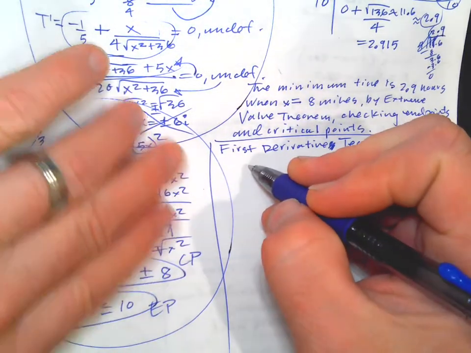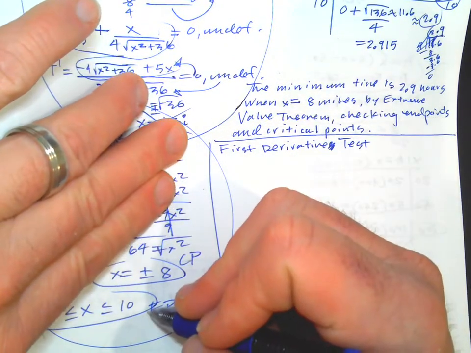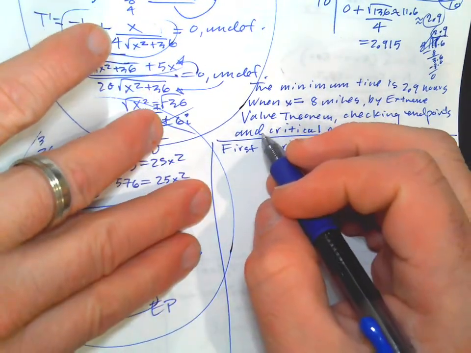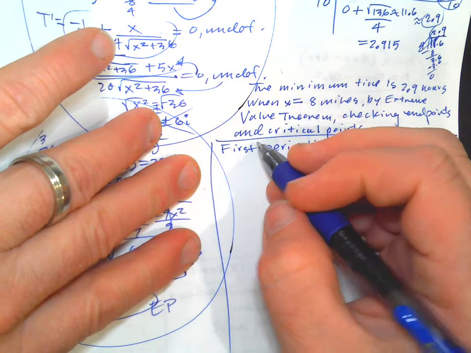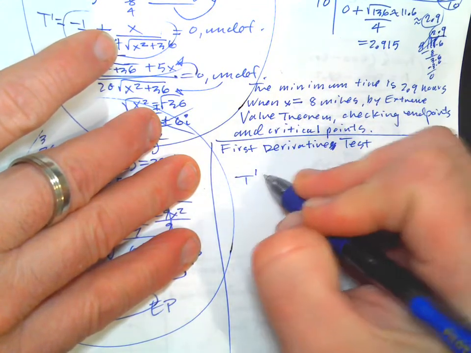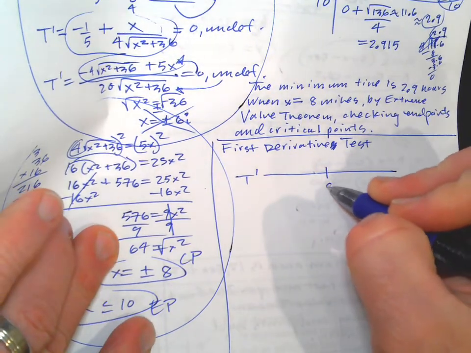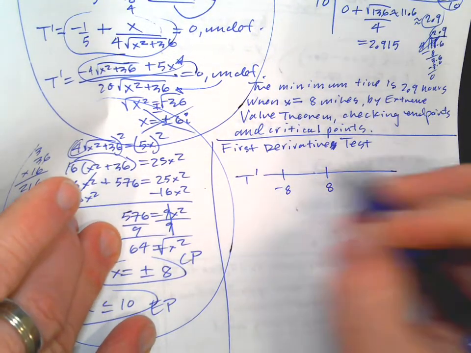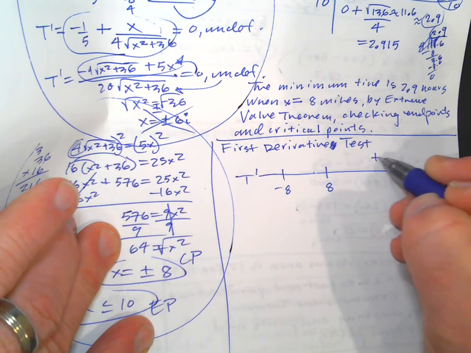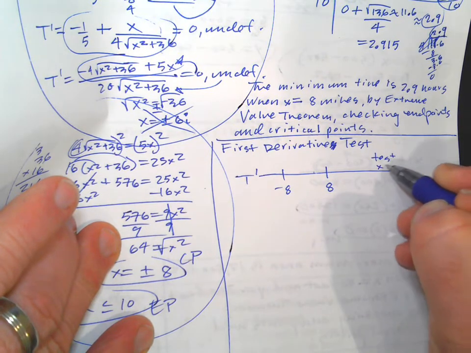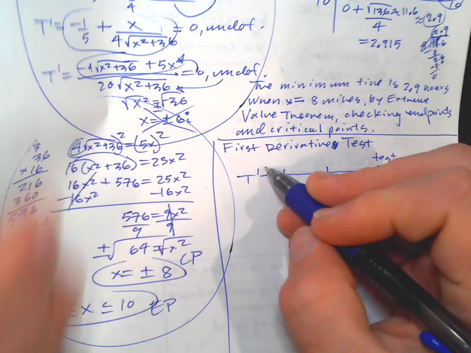You could do a line check. You don't necessarily need endpoints, and that's where this could be helpful. Sometimes we don't have endpoints. You would do a line check, and you would put your critical points on there. Now, if you did put them both, you could test a value. X equals 0, you're right in the middle.